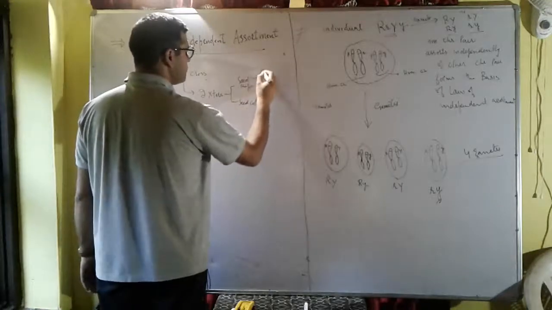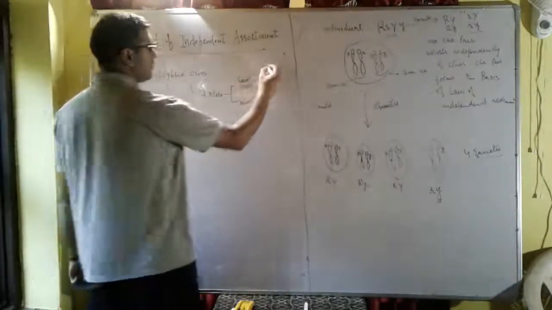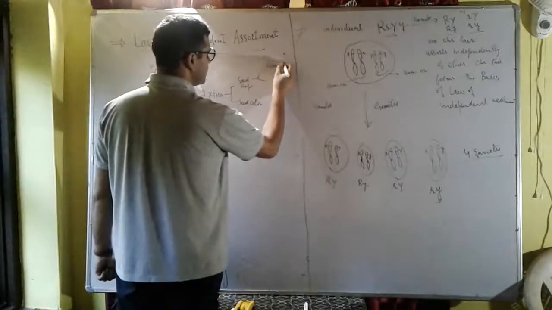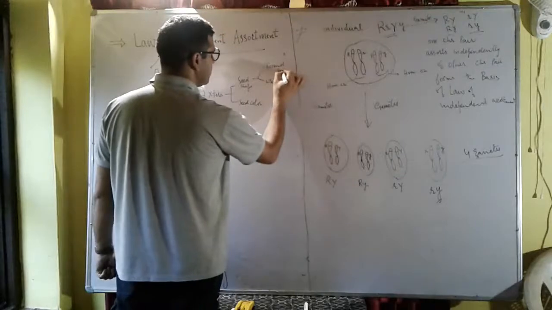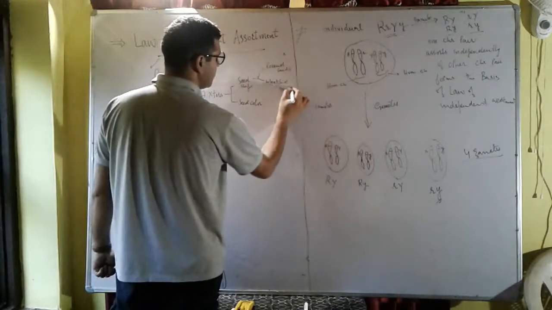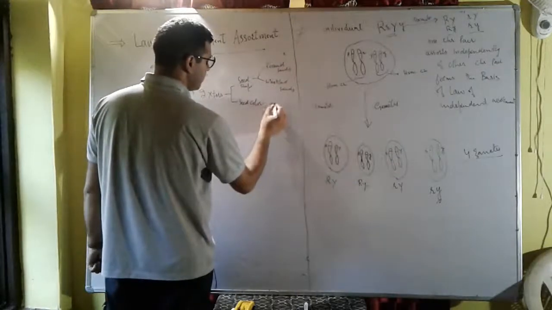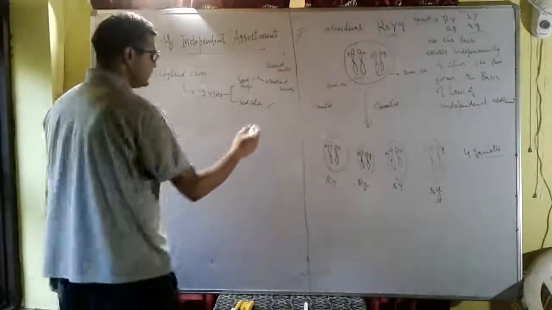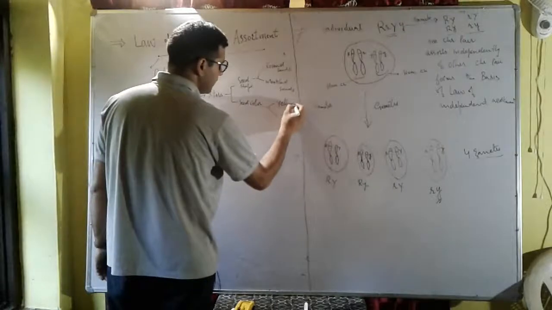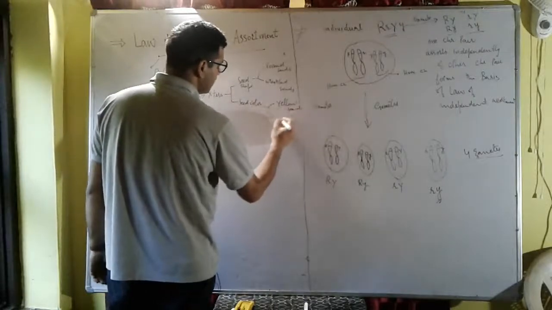So we have two forms of seed shape: round seeds and wrinkled seeds in pea plant. And for seed color, we have two seed colors in pea plant: yellow seeds and green seeds.